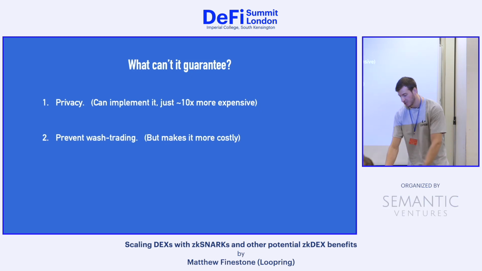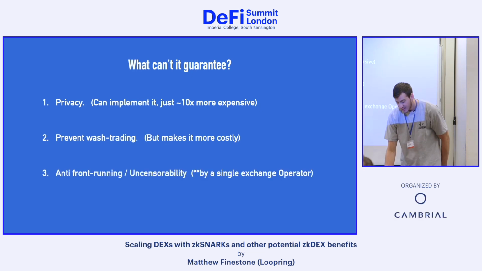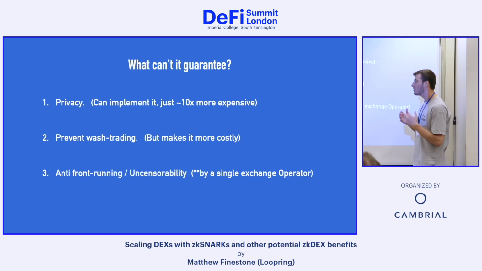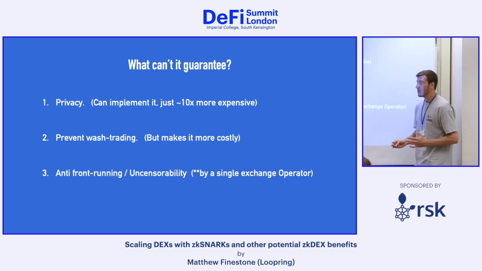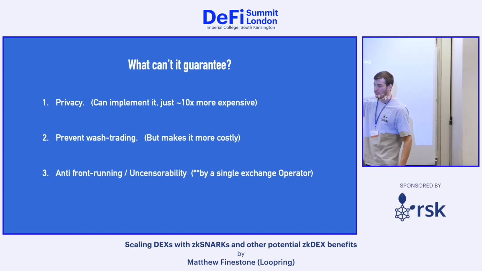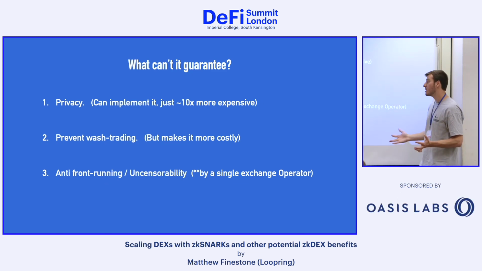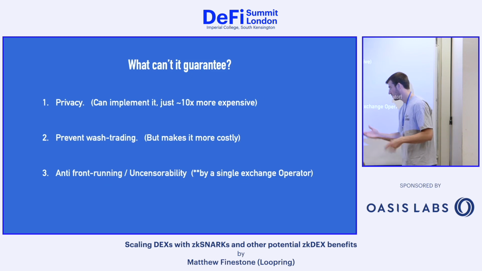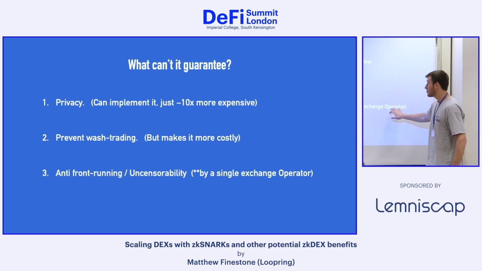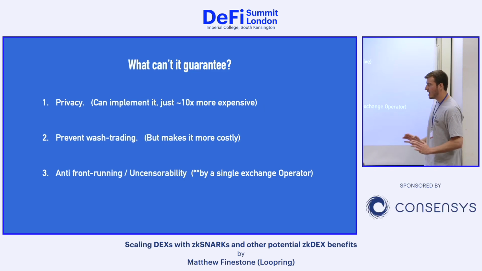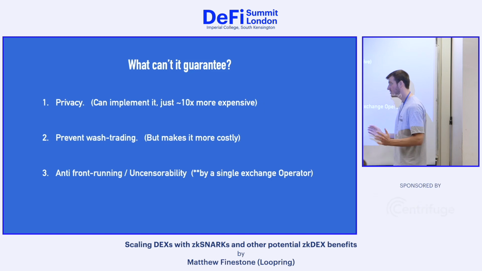We can't prevent wash trading, again, but it makes it more costly. And we can't prevent front running by the exchange itself. If I submit an order, the exchange could front run me or censor me, kind of the same thing here. But that is something we're able to live with right now, because we're much more concerned with non-custodial stealing of funds.